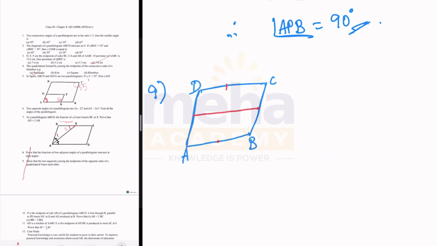Let us consider P, Q, R, S are the midpoints of sides of ABCD. The logic here would be, ABCD is a quadrilateral. We'll connect these points PQ, QR and prove that PQRS is a parallelogram. If I prove PQRS is a parallelogram, I can say the diagonals bisect each other. That way I can say the line segments bisect each other also.